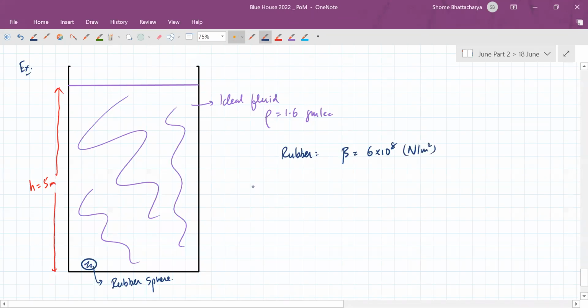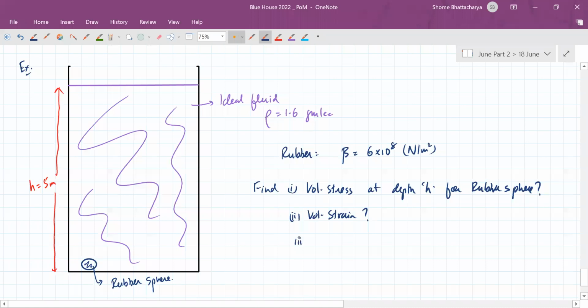So we have to find first of all the volumetric stress at the depth h for the rubber sphere, and from that the volumetric strain, and then from that the percentage change in its radius compared to its natural shape. Just work this out quickly, people.